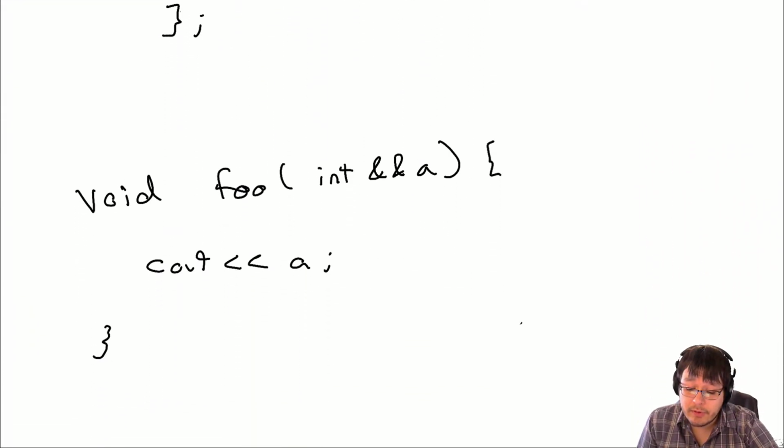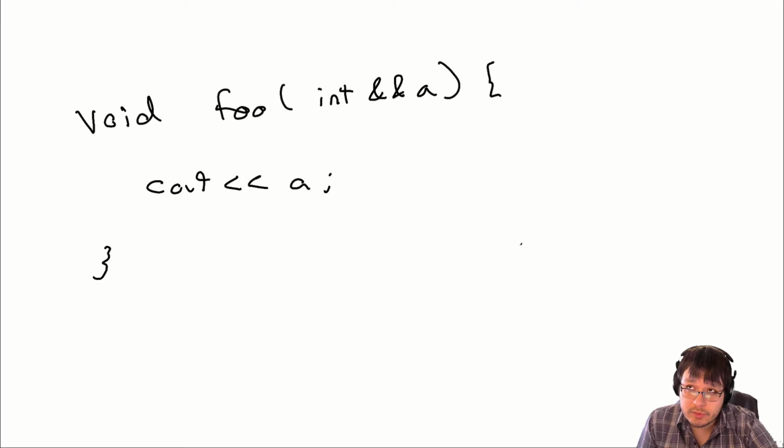An rvalue reference, to not get too hardcore into this, you can think of as kind of like a literal, or something that is not a variable, or basically that it doesn't have an address in main memory that is accessible to the programmer. Normally a variable has an address, and we know that because we can use the address-of operator to figure out what the address actually is.